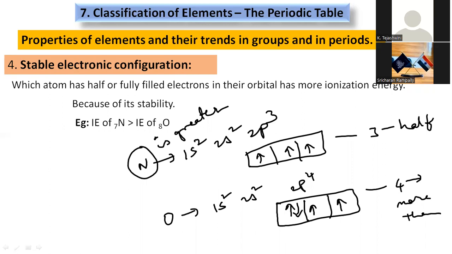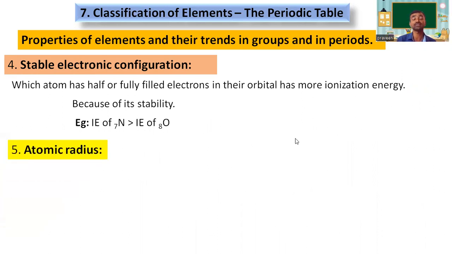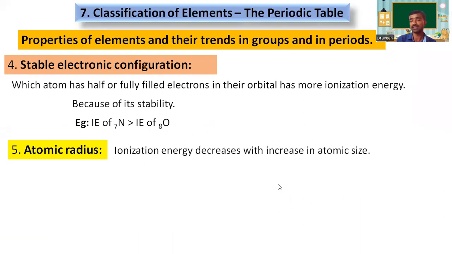Yes. Right. Now we are moving to another property, that is atomic radius. Atomic radius increases within the group and decreases within the period. You can compare atomic size based on whether the electron enters the same shell or a different shell. Into a different shell, atomic size increases. Into the same shell, atomic size decreases.